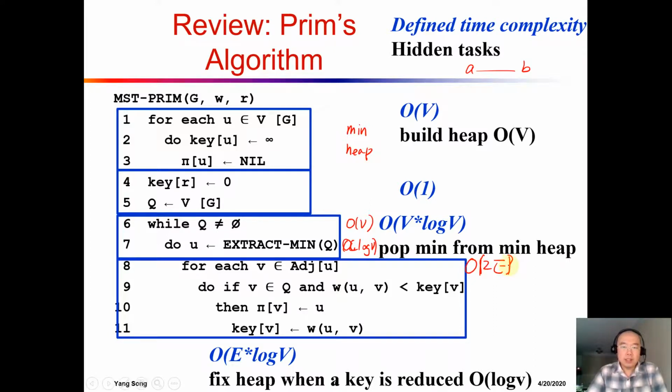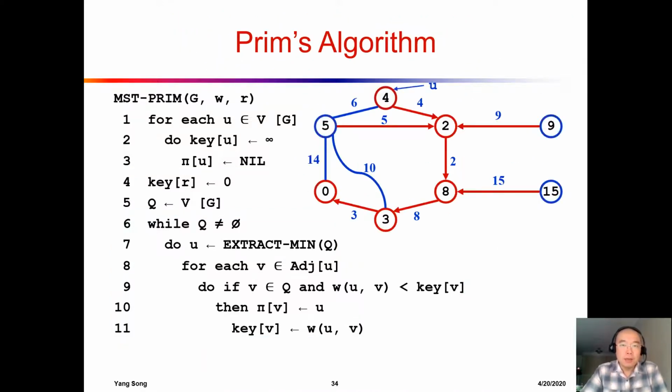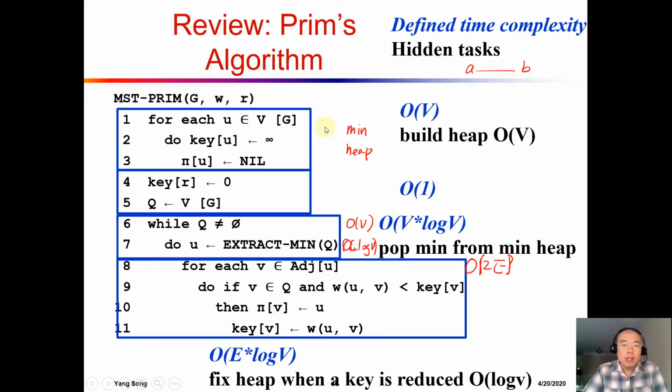Okay, so the next part here is a hidden task again. Remember, when we are updating the key, we may reduce the key to an even smaller value, right? If we go back here, originally this node is 14, and then we reduce it to 10, and then we reduce that to 5. So it is possible for us to reduce the value of a key, and that key itself is in the min heap.